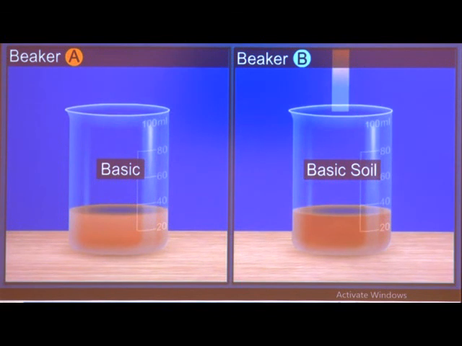The decaying organic matter called manure or compost is added to the soil when it is too basic. Manure releases acids which neutralize the basic nature of the soil.